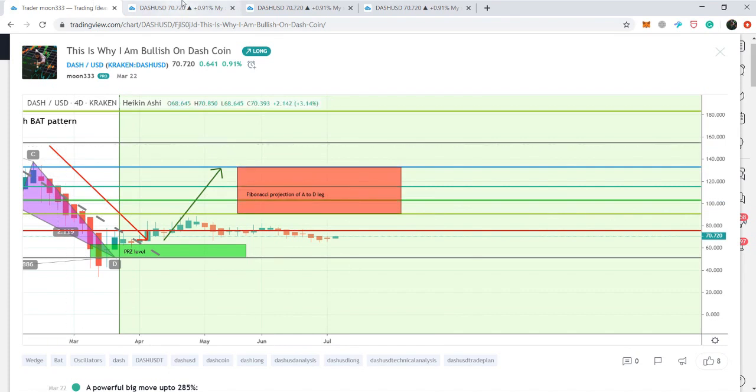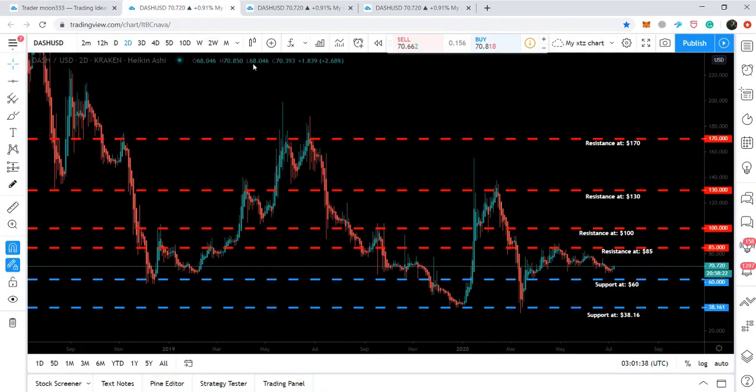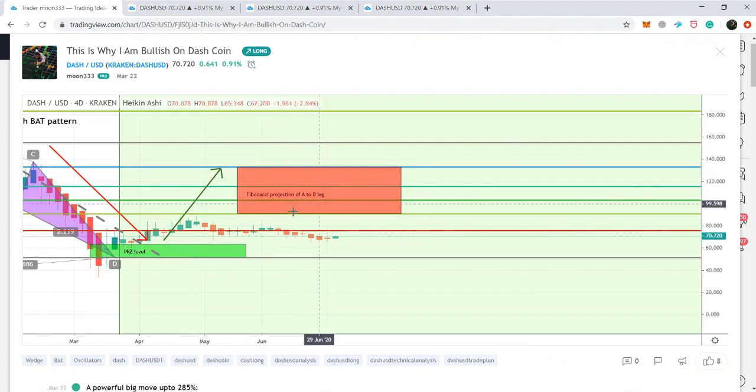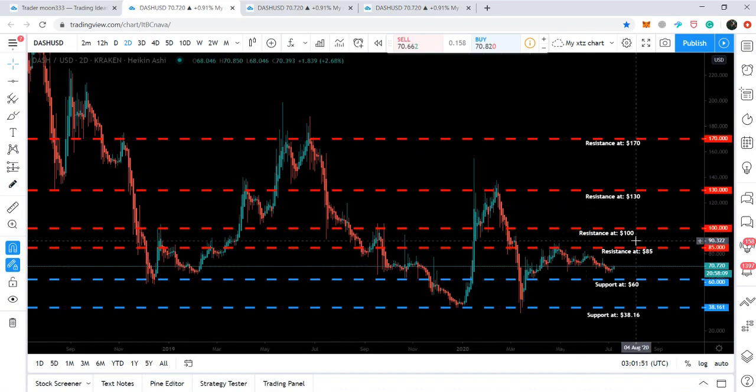Now, if I take you to the live chart, this is the main and basic reason that has stopped the price action from entering this Fibonacci projection zone so far, and that is the resistance level of $85.